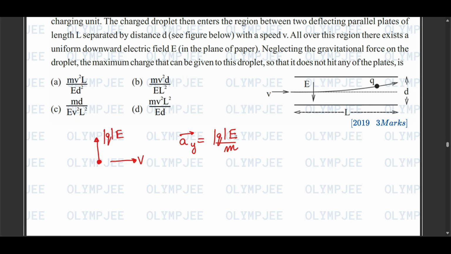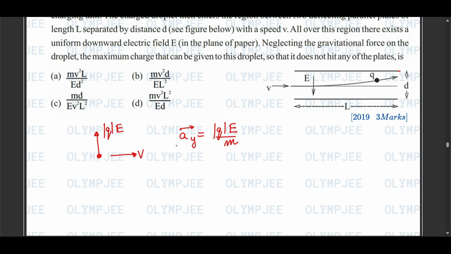So now for the maximum charge, the time should be minimum so that it does not hit the plate and it also crosses the plate, but just after crossing, it is at the level of the upper plate. So the time should be equal to L by v.